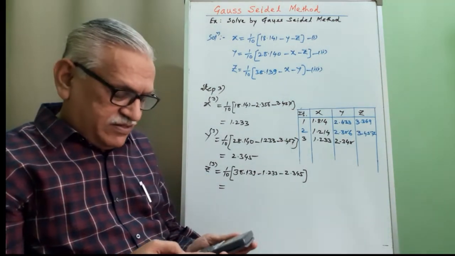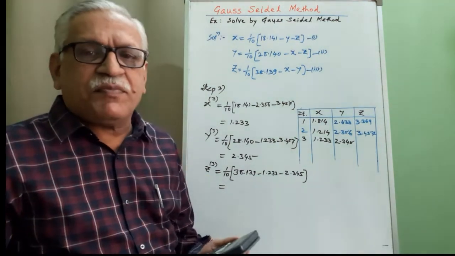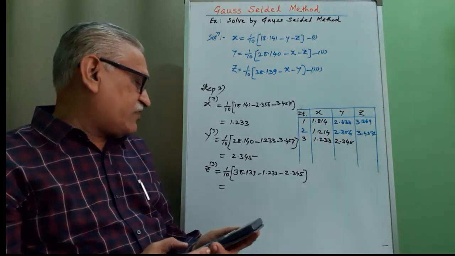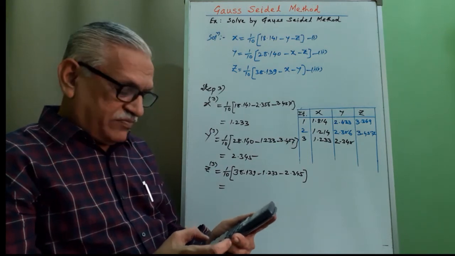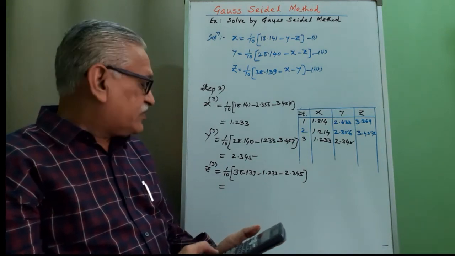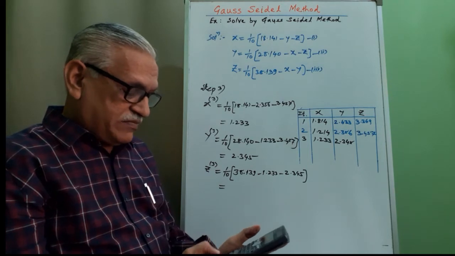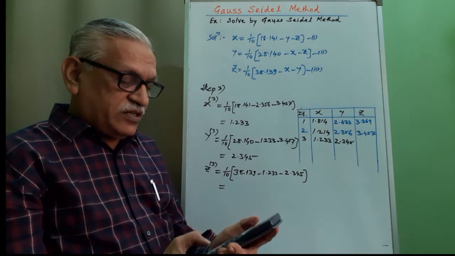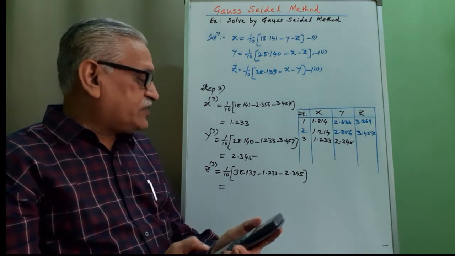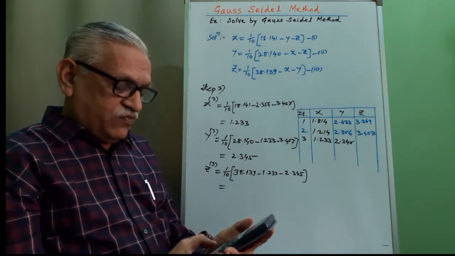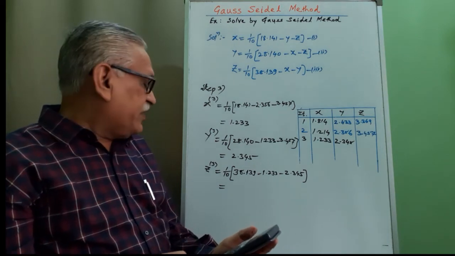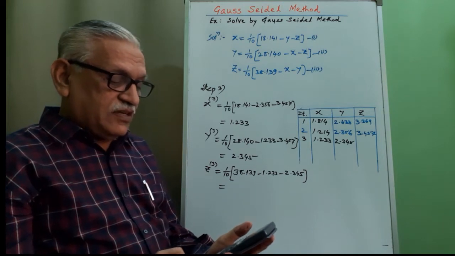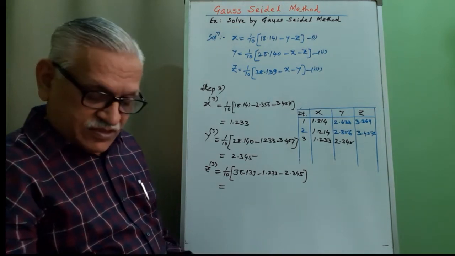Simplifying it by calculator, every time I am performing the calculation on the calculator, you can verify it yourself. 38.139 minus 1.233 minus 2.345, into 1 by 10, 3.456.